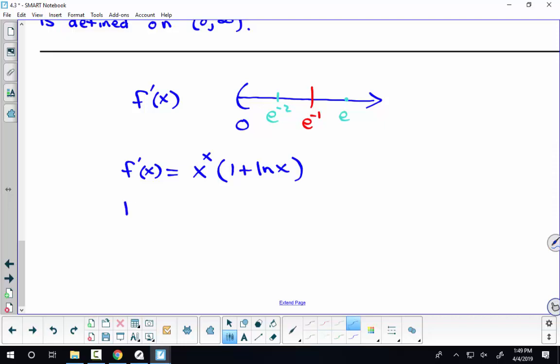And maybe we're thinking alternatively this way. So let's evaluate f prime at e to the negative 2.